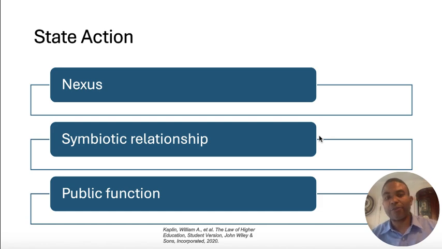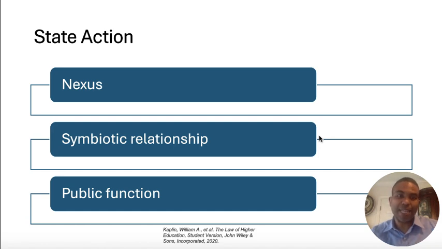Then the symbiotic relationship, where there's some mutually beneficial things going on between the public entity and the private college, and the public function. So if they're stepping in and serving a public function, there's a sense that they could be considered part of the state and acting on behalf of the state, and then subject to certain issues that public colleges would be subject to.